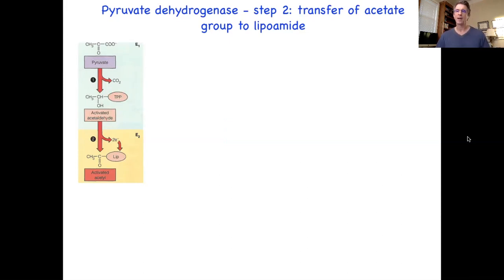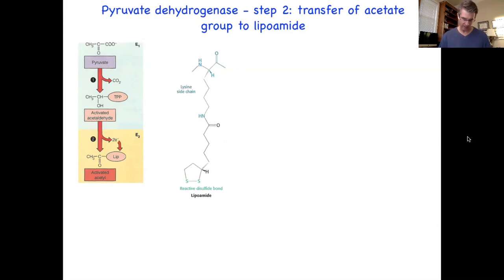Now, the next important thing that happens is that lipoic acid residue is going to become really key, right? And I haven't shown you what that is yet, but that cofactor is covalently attached to a side chain of a lysine residue on the transacetylase. Remember that E2 that's right down in the core of the complex?